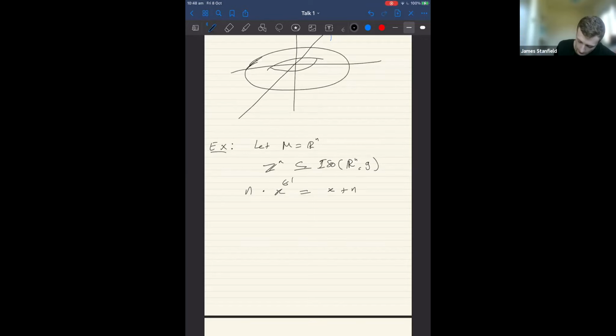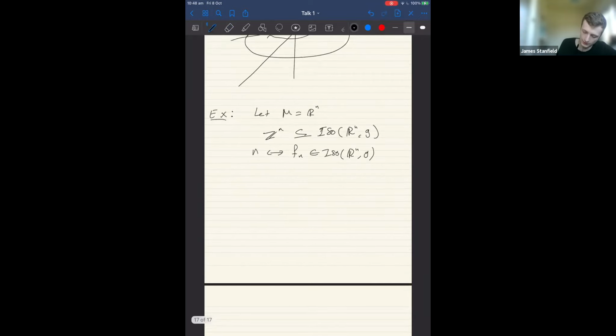So x is in Rn, and n is in Zn. To be absolutely clear, to each n I can associate an isometry f sub n which acts as follows: f_n of x gives me x plus n.